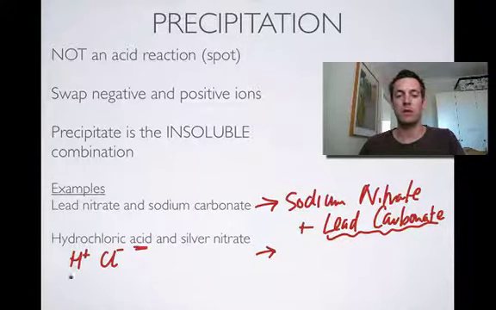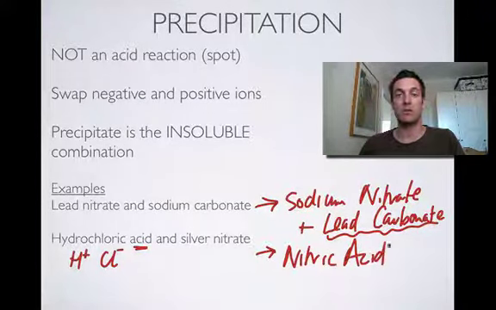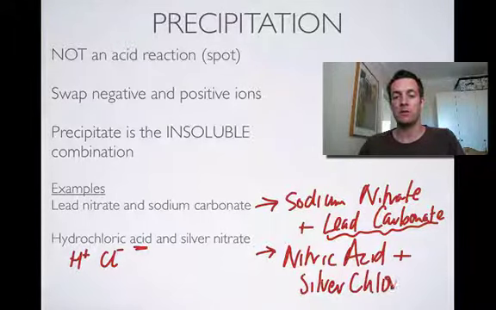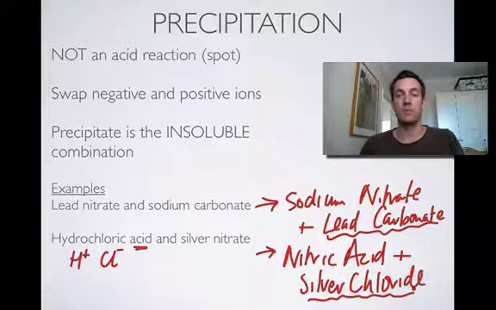We swap them over, so we're going to get H plus and nitrate. That makes nitric acid. So once again, I'm just writing word equations here. We'll practice writing symbol equations later. And the other product is going to be silver chloride. Okay, so this isn't an acid reaction, in spite of the fact there was an acid there. It's a precipitation reaction, and the silver chloride is insoluble, so it's going to be our precipitate.